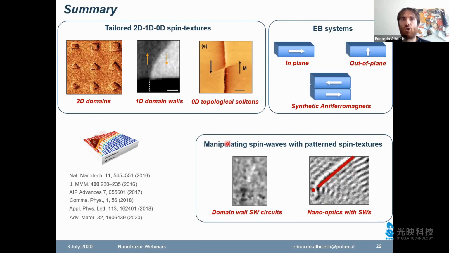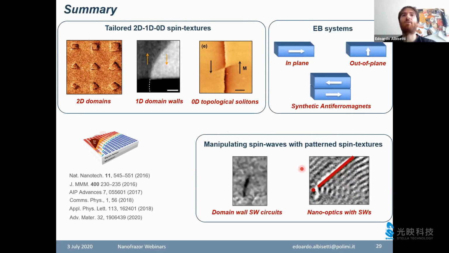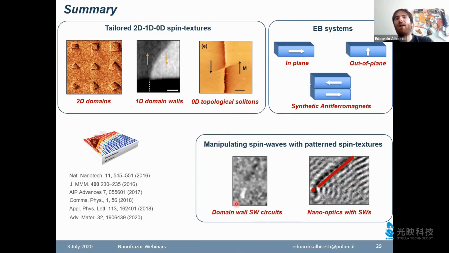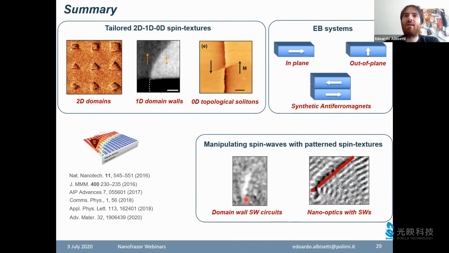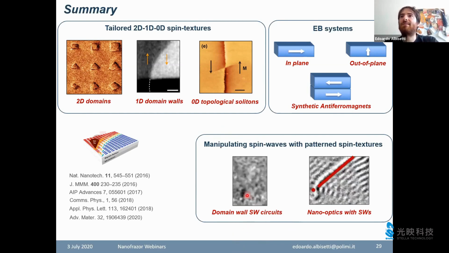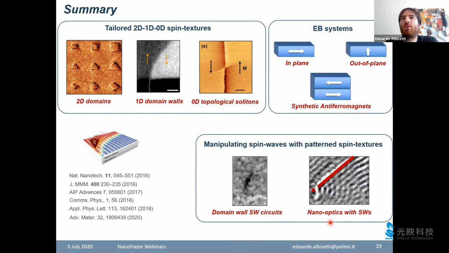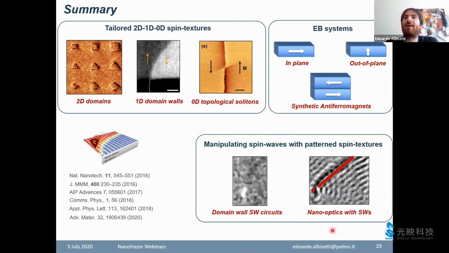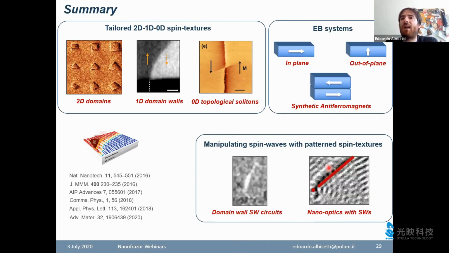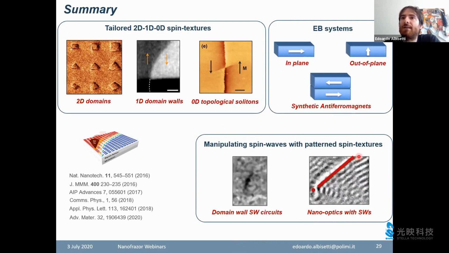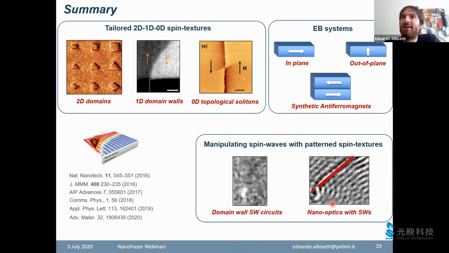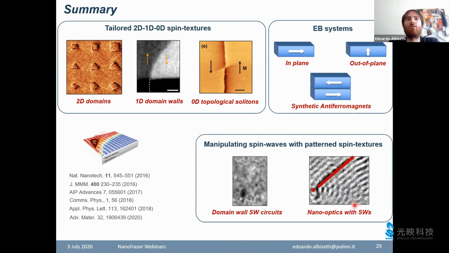In particular, I showed you that we were able to manipulate spin waves and have them propagate as in waveguides within domain wall-based circuits, or, in synthetic antiferromagnets, emit highly controlled spin wave wavefronts that can be combined to build complex interference figures that can be used for spin wave computing.